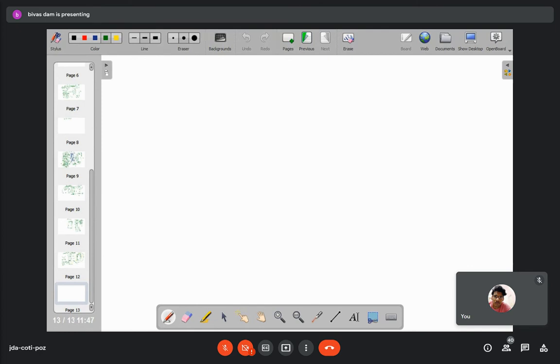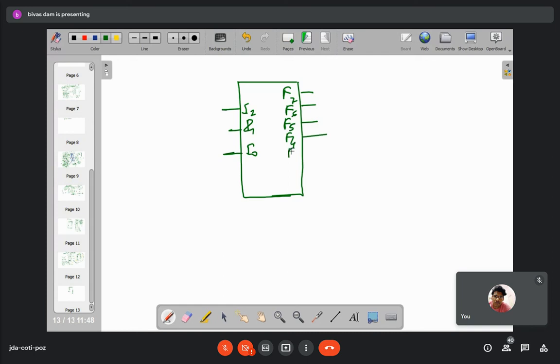আমি আর ওই ইন্টারনাল সার্কিটে যাচ্ছি না বা ব্লক ডায়াগ্রামে চলে যাচ্ছি। Now, if I2, I1, I0 is 101, in that case, what will happen to F7 to F0?